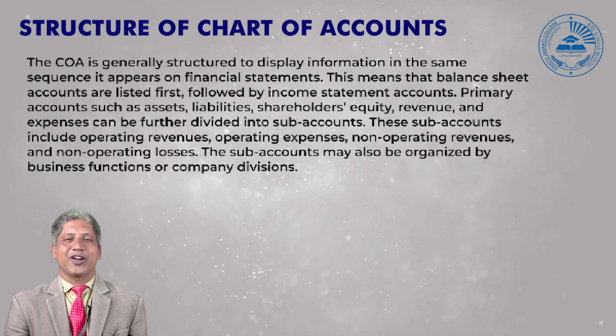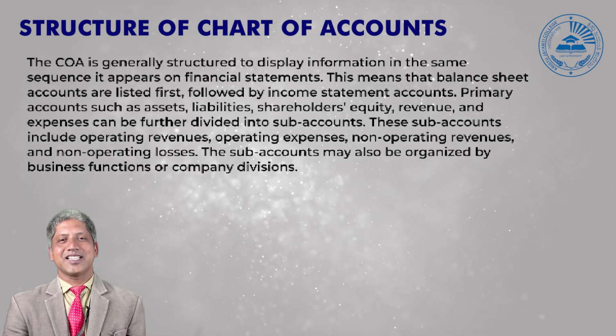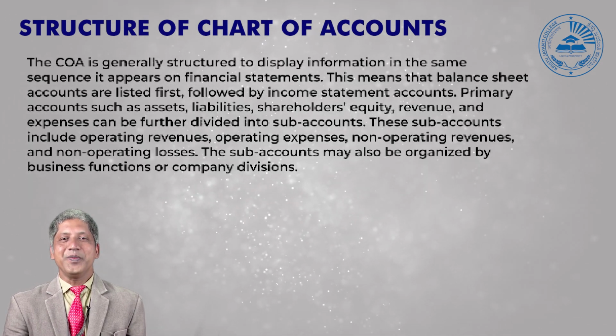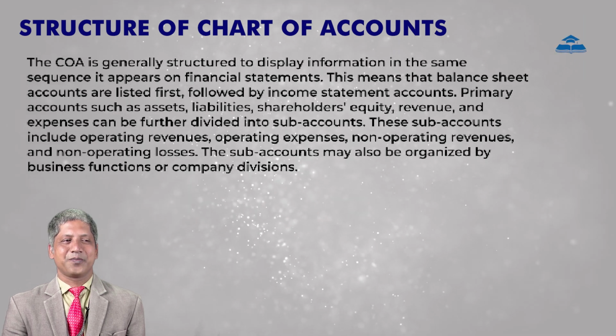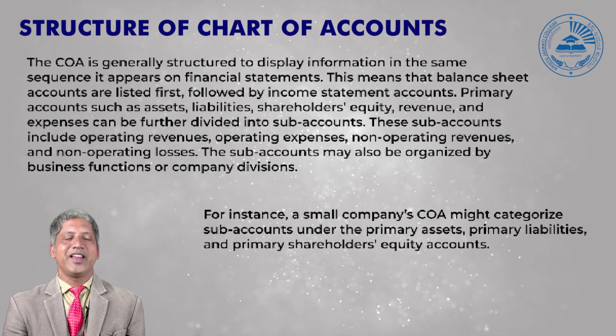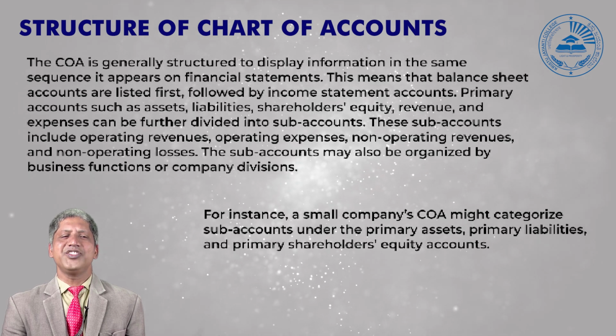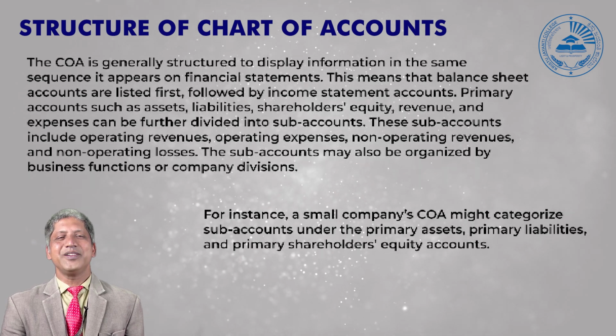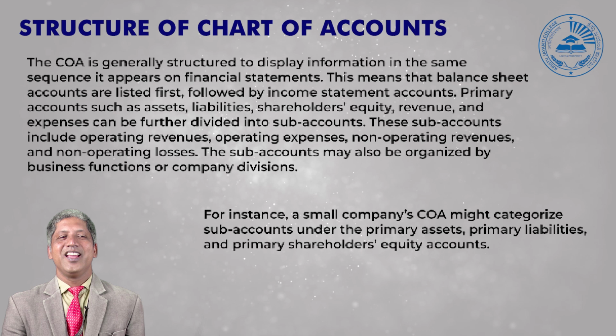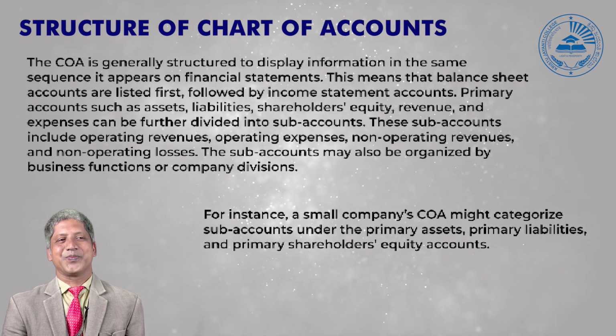The Chart of Accounts is generally structured to display information in the same sequence as it appears on financial statements. This means that balance sheet accounts are listed first, followed by income statement accounts.